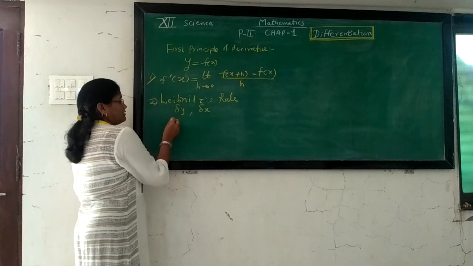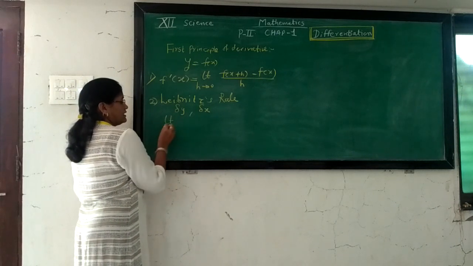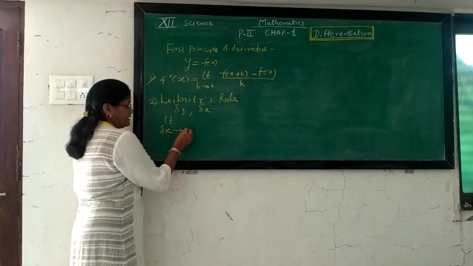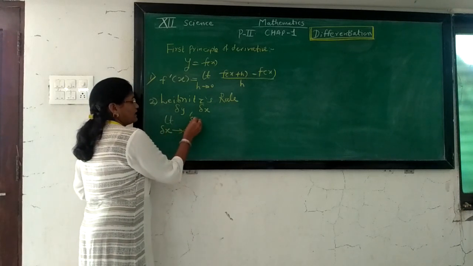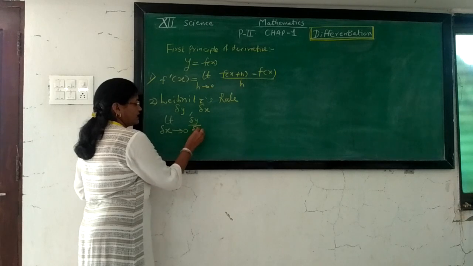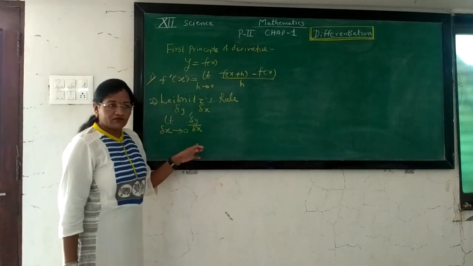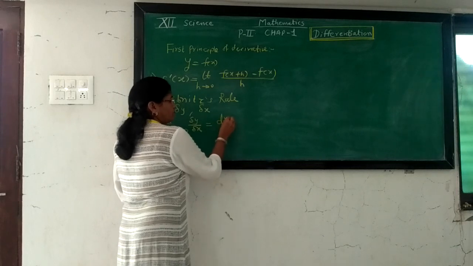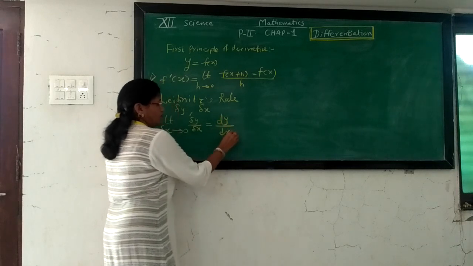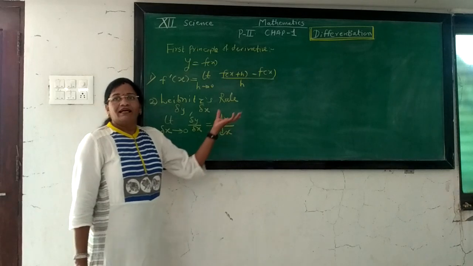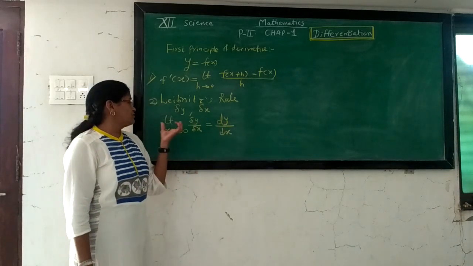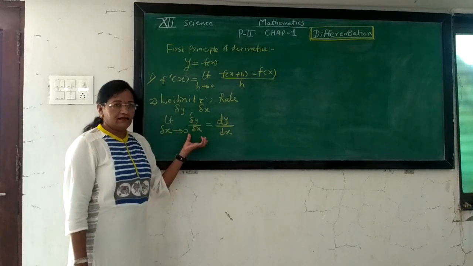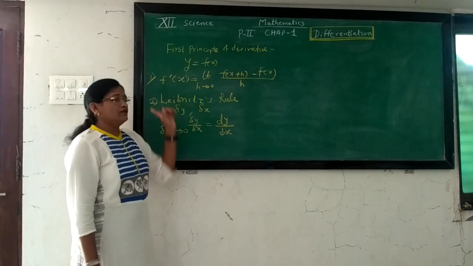Then we take the limiting ratio delta y by delta x for which the small increment in x approaches 0. That is defined as the derivative of y with respect to x. Therefore we define dy by dx equal to limit delta x tends to 0 of delta y by delta x.